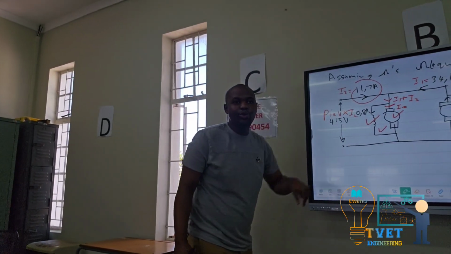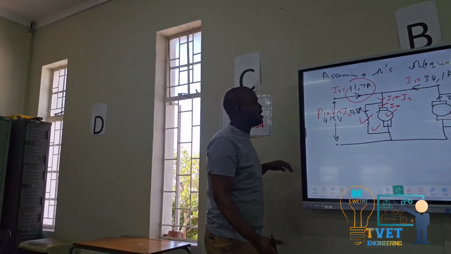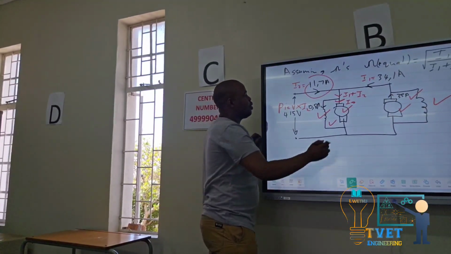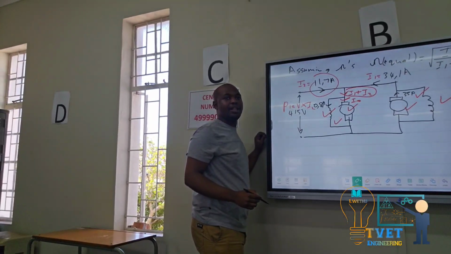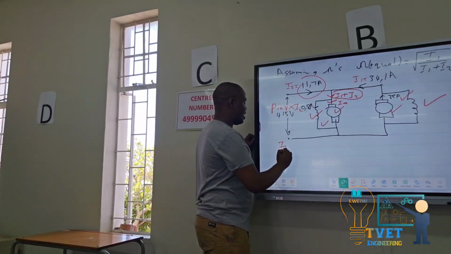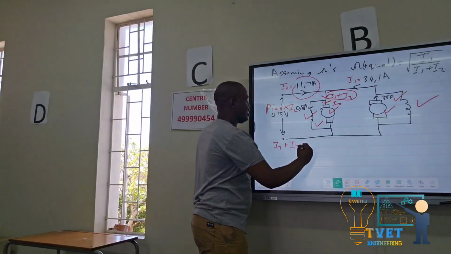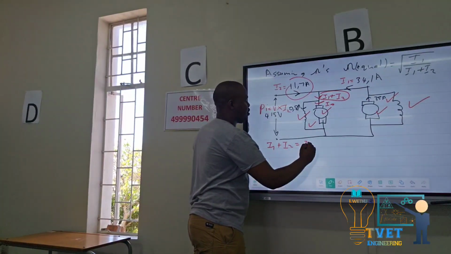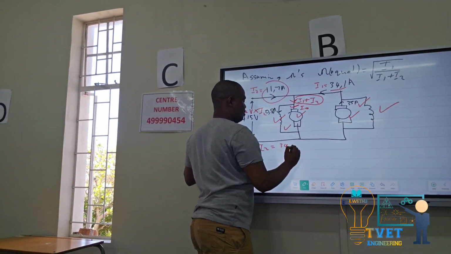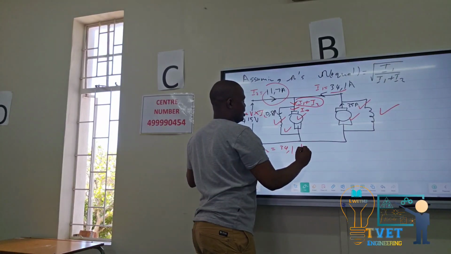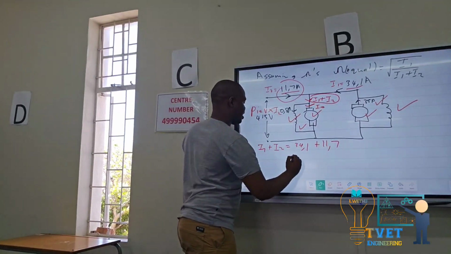But I can calculate it. How do I calculate it? I use Kirchhoff's law. The current here is I1. What is I1 plus I2? It's going to be 34.1 plus 11.7. What is that value?